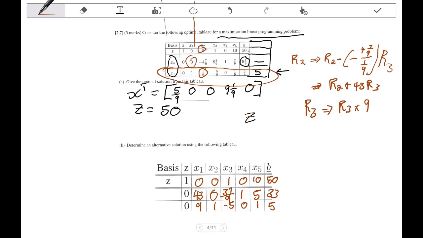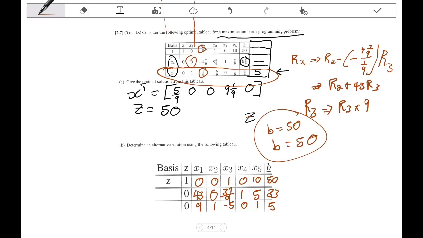If you did the row operation correctly, the value of b has to stay the same, it doesn't have to change, because that's not another optimal solution. It's the very solution, but it's an alternative. So initially our b was 50, and now our b is 50. Therefore we have an alternative solution.